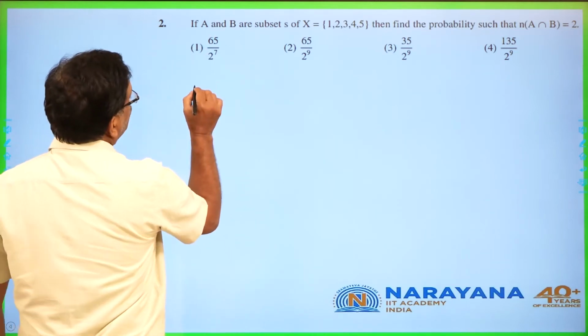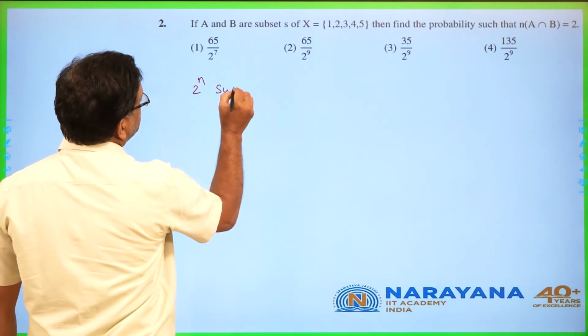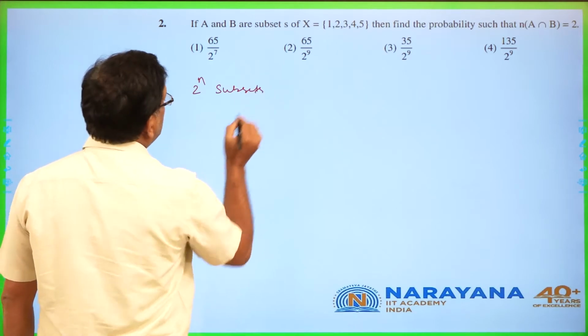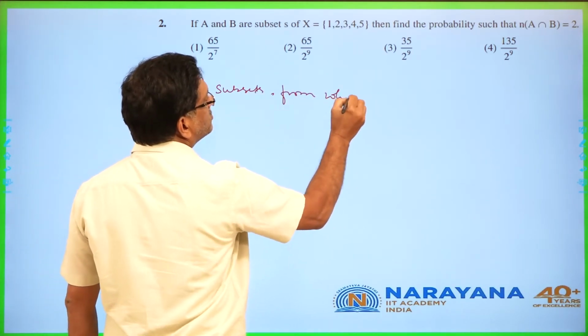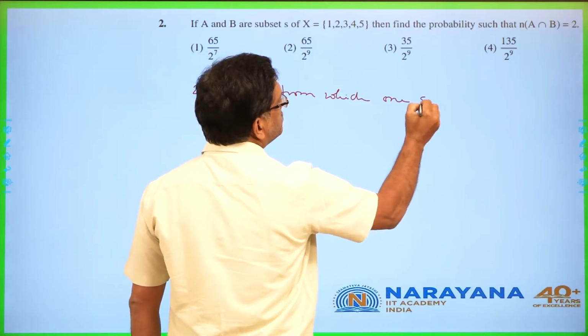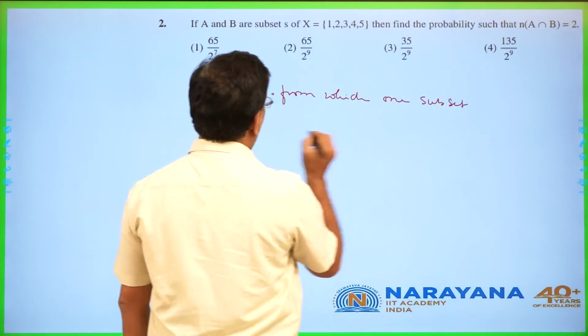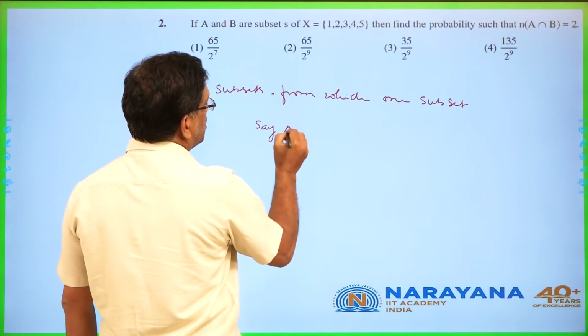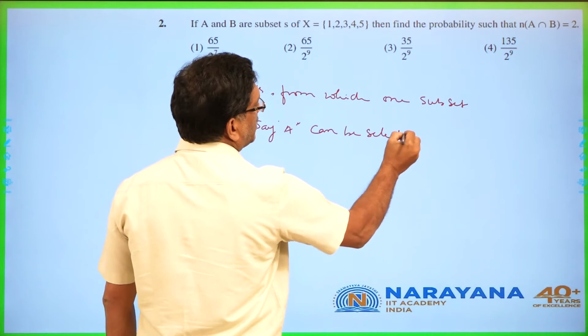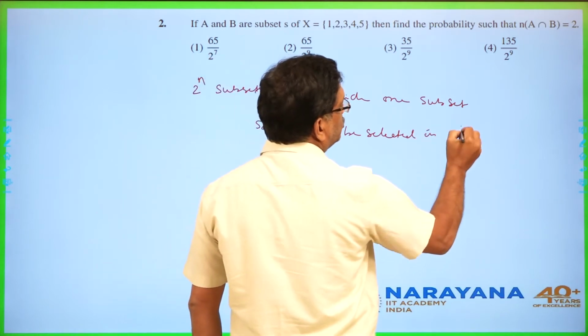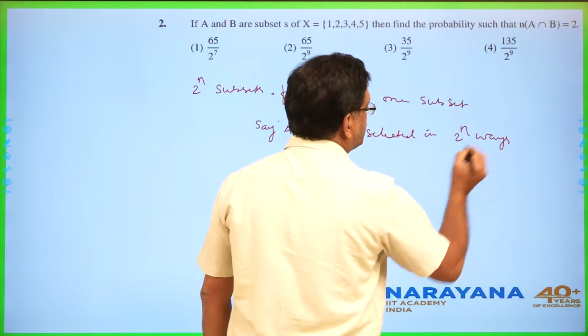So 2 to the power of n subsets, right? From these, one subset, say A, can be selected in 2 power n ways.